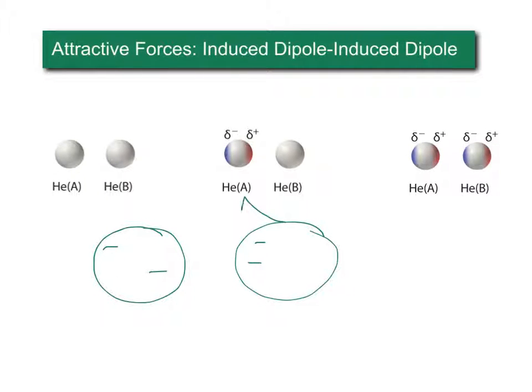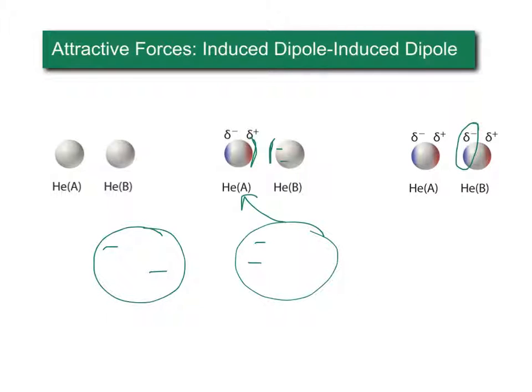And when that happens, we get this, which is an induced or an instantaneous dipole. And then when that partial positive charge over here interacts with this atom over here, it causes the electrons to want to be over on this side more. And then we get another dipole in the other helium atom.